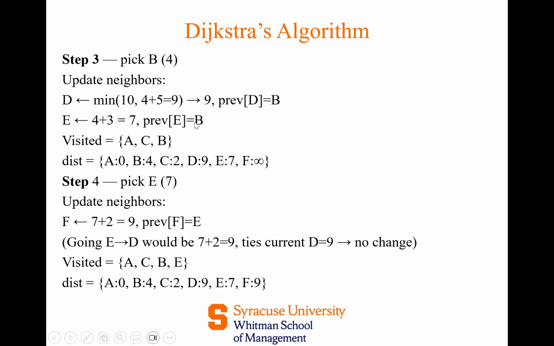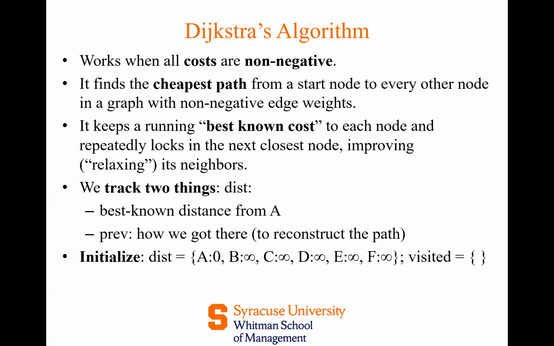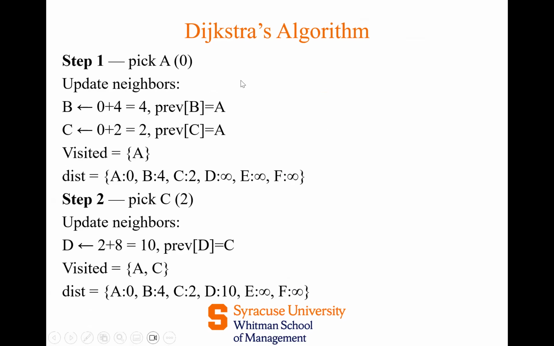I'm trying to find the previous of B, which I can't see it yet. Okay, so previous of B, we got it from A directly, right? Yes. Previous of B is A, previous of C is A as well.